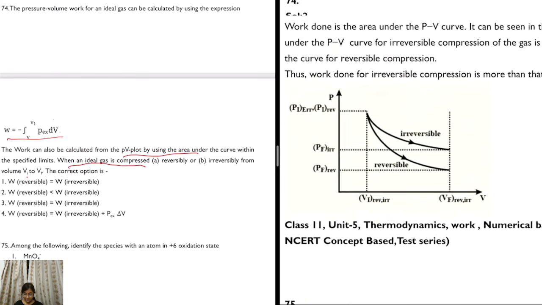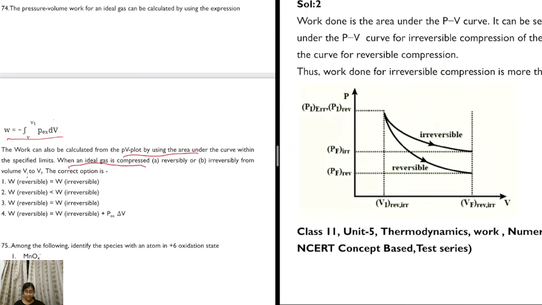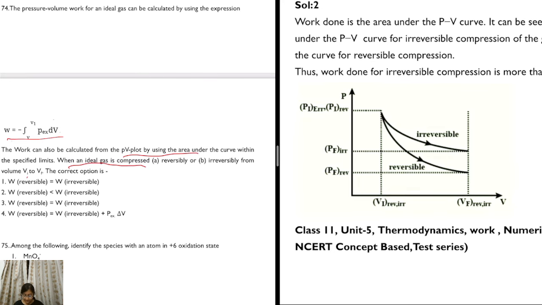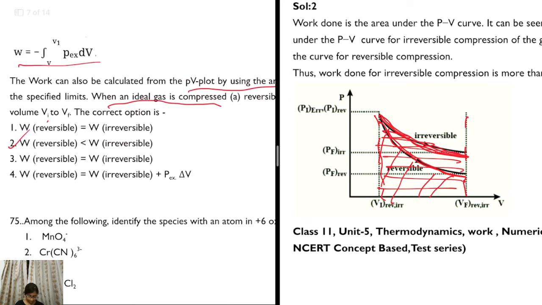Now, see this figure. Work done is the area under the PV curve. So it can be seen here that for irreversible we have this, and for reversible we have this. And what would be the area here? So the area for reversible is lesser than the area for irreversible. Therefore, work done for irreversible should be more. So this would be the correct answer.